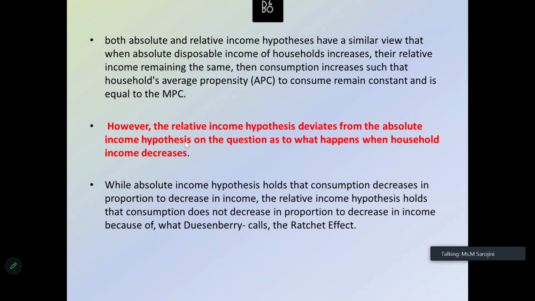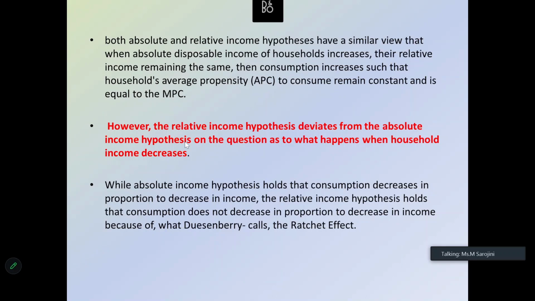That means once the absolute income increases, their relative income remains, consumption increases. Right, at that time, the APC is constant. Also, that is equal to MPC. Right? Have you understood?